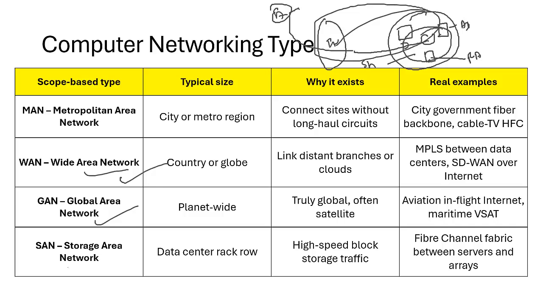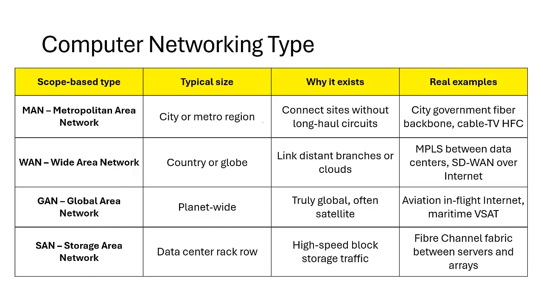Now next is the SAN, storage area network. A storage network is not really a network. We have multiple storages, and each storage has an IP, and through that particular IP you are able to access the storage. That is called a storage area network, which is used for data centers, high speed block storage transfers and so on.